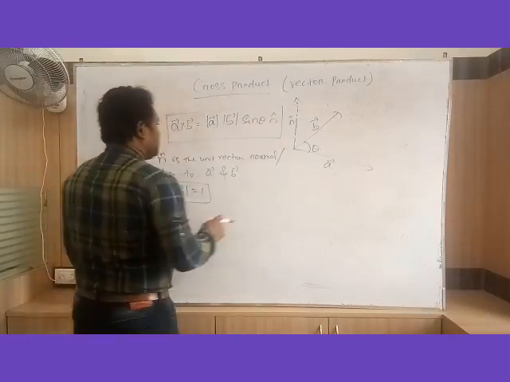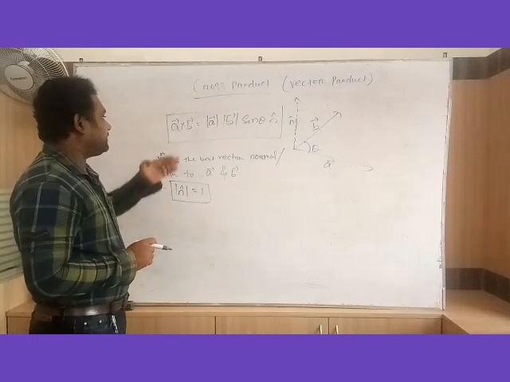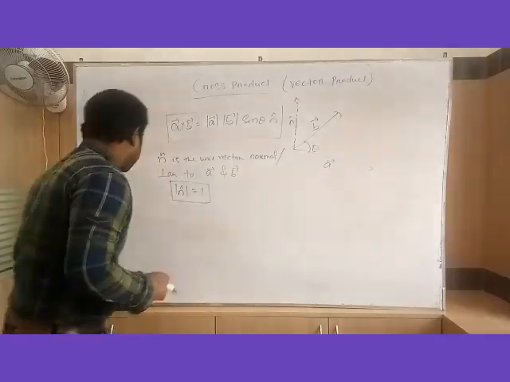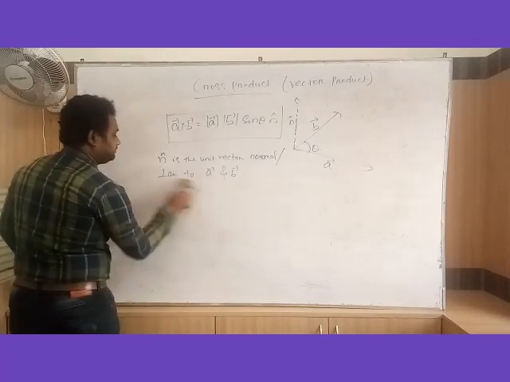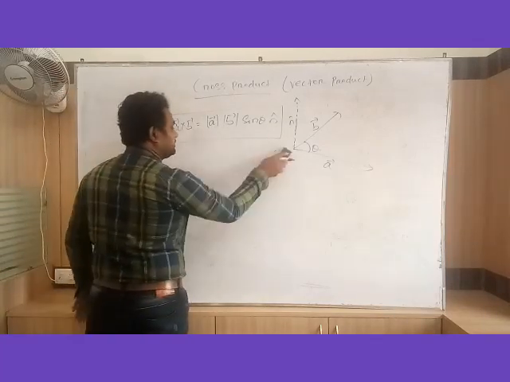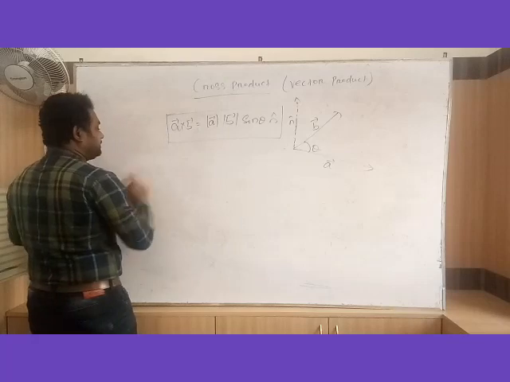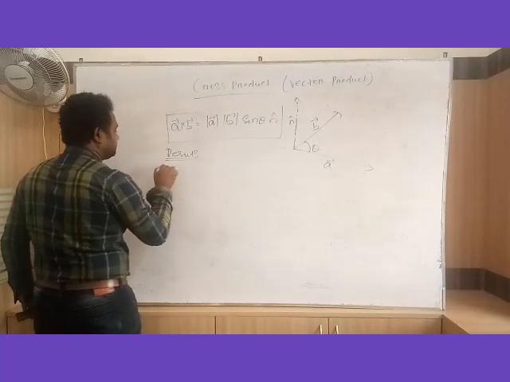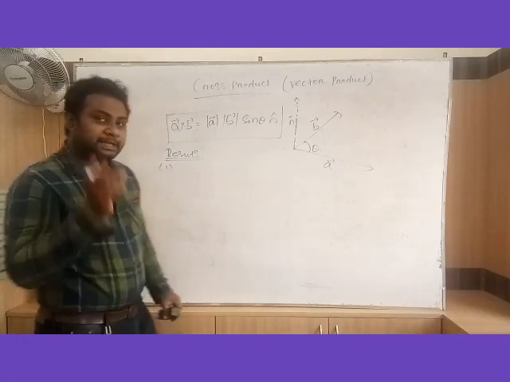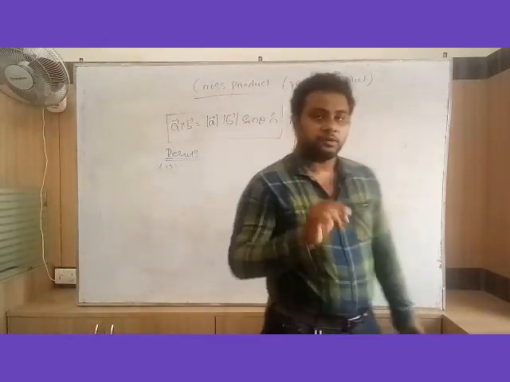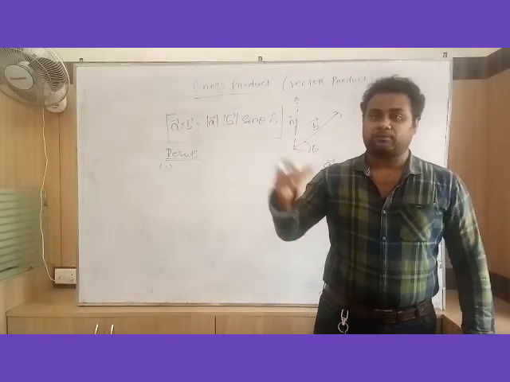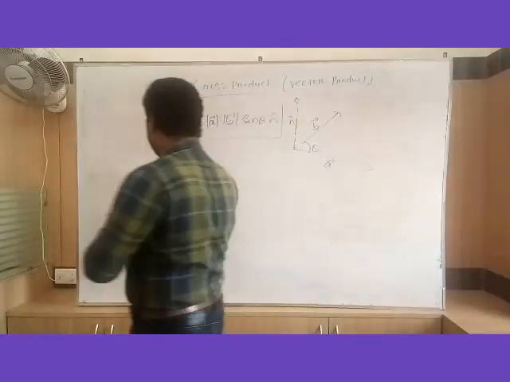Now we have to see the various derived results of A cross B. First of all, in the case of dot product, the dot product of two vectors is a scalar quantity, where we get a scalar value.